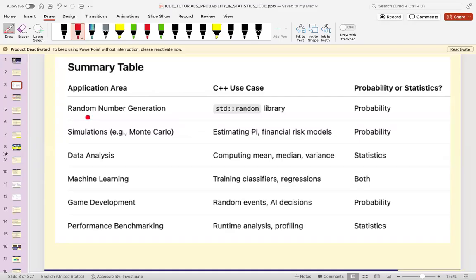You will see that we have certain areas called random number generation. We have simulations. If you haven't heard about them, you hear about them. We have data analysis. We have machine learning. We have development and performance benchmarking.